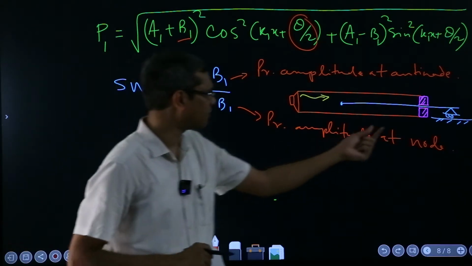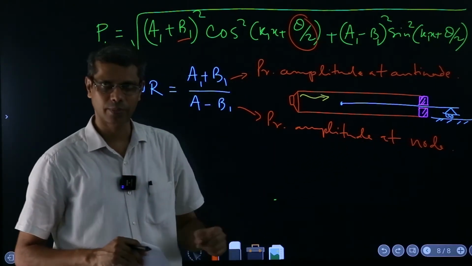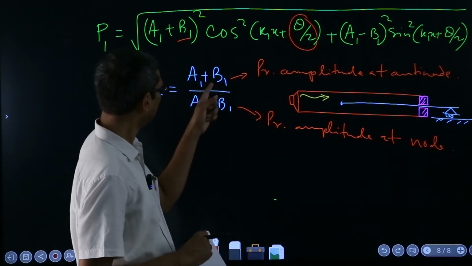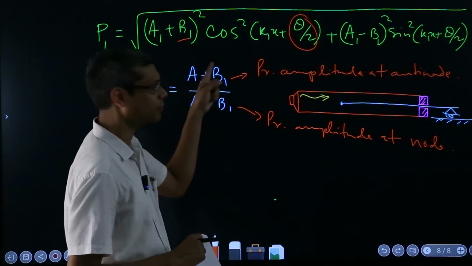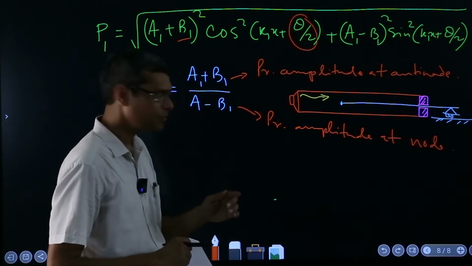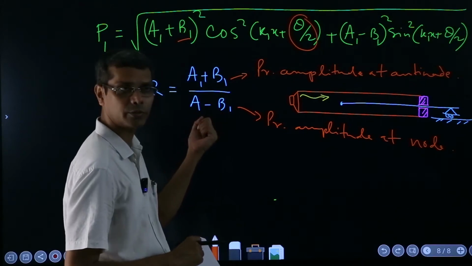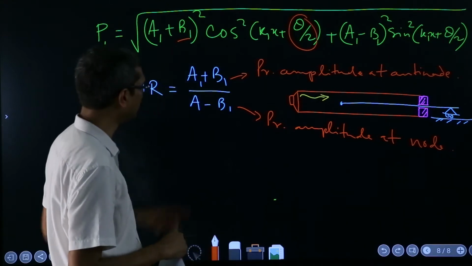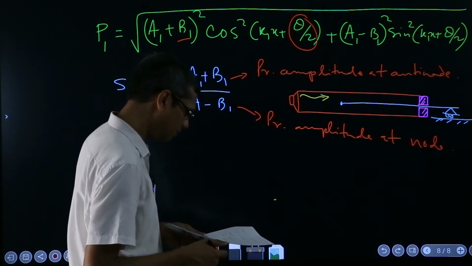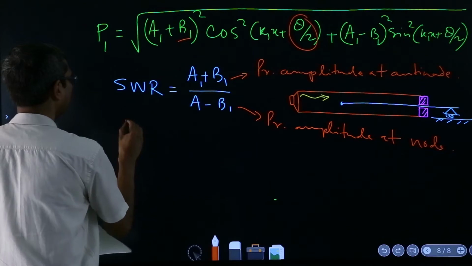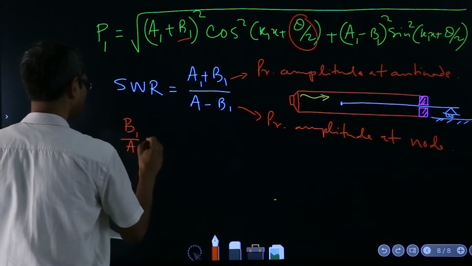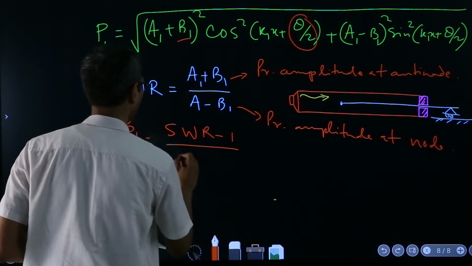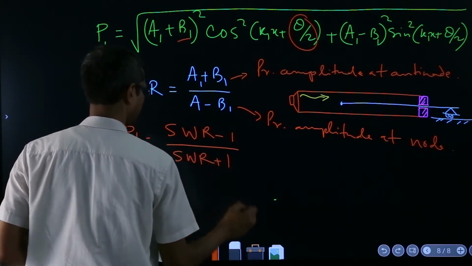That means you are traversing and plotting the values of pressure amplitudes, and whenever you see the maximum, that gives you A1 plus B1, and where you see the minimum, you will get A1 minus B1. Once you get this, from here you can get B1 over A1 is equal to (SWR minus 1) over (SWR plus 1).